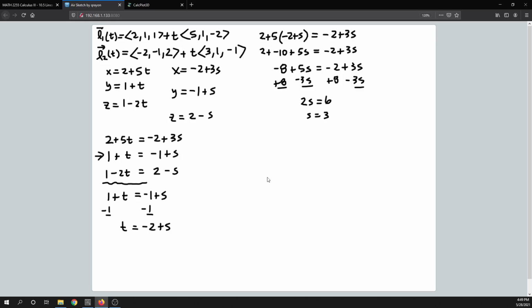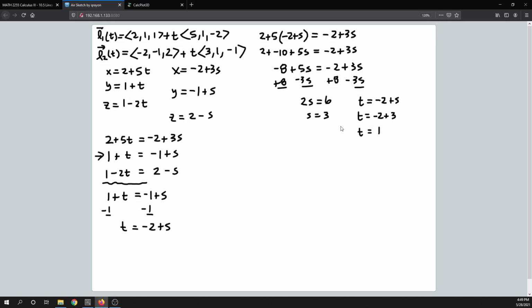And then I can figure out what t is by plugging s back into here. So I get t equals 1.